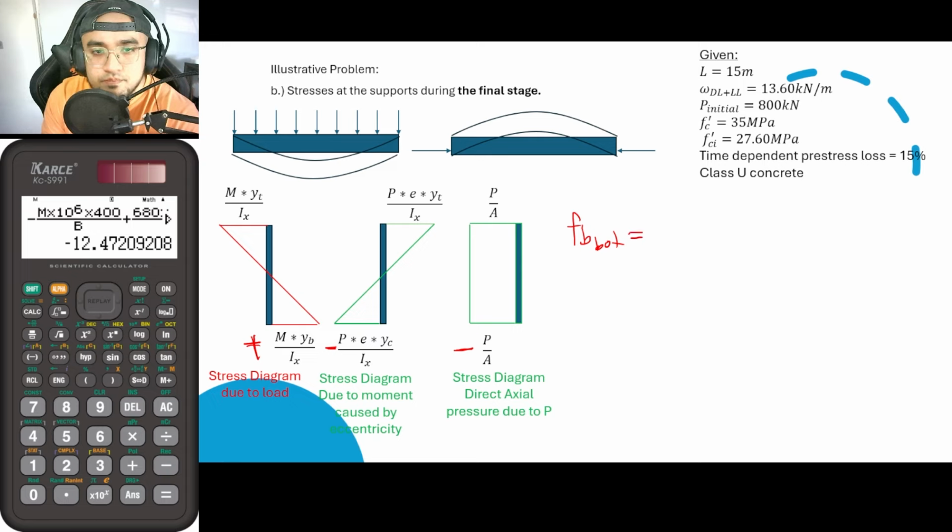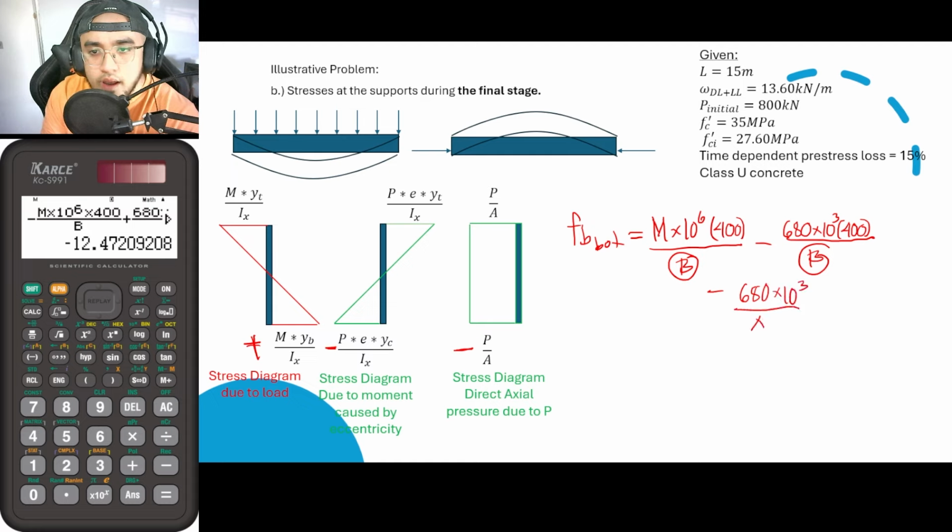Okay, so from that, positive M times 400 divided by B. Oops, sorry. I forgot the conversion factors. So that is M times 10 raised to 6 times 400 divided by B minus 680 times 10 raised to 3 times 400 divided by B minus P all over A, so that is 680 times 10 raised to 3 divided by A.